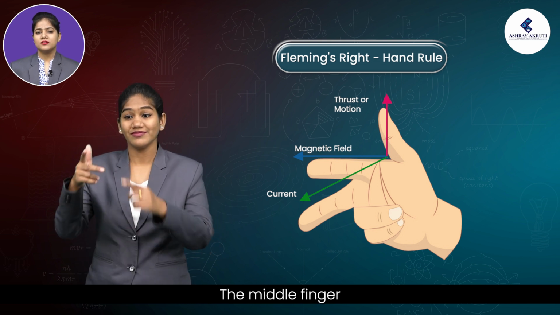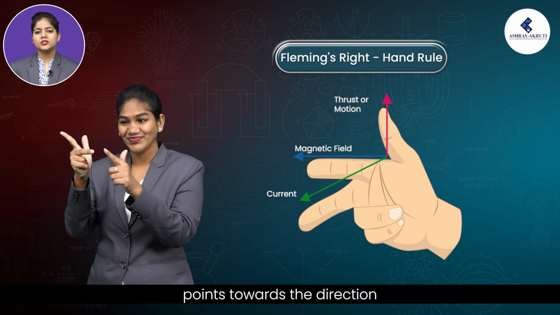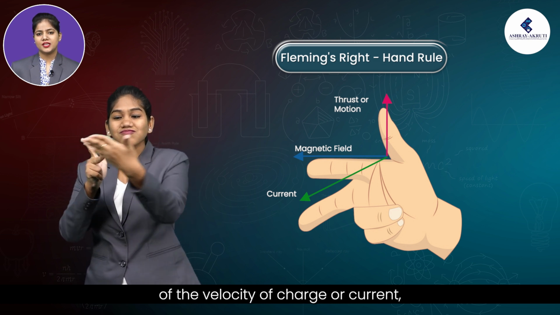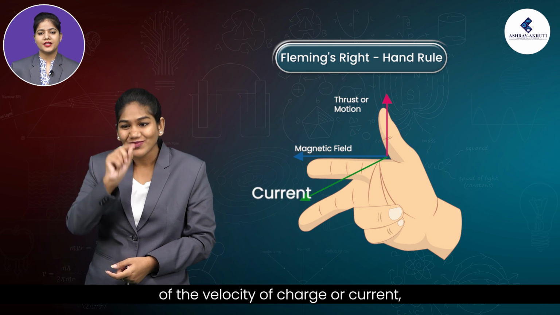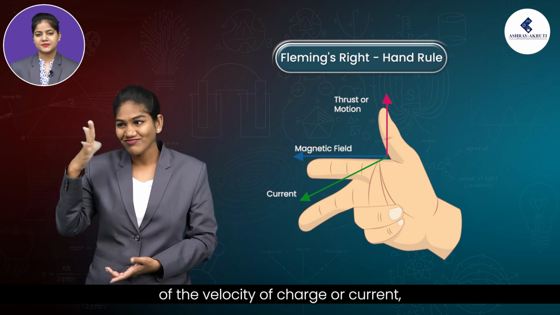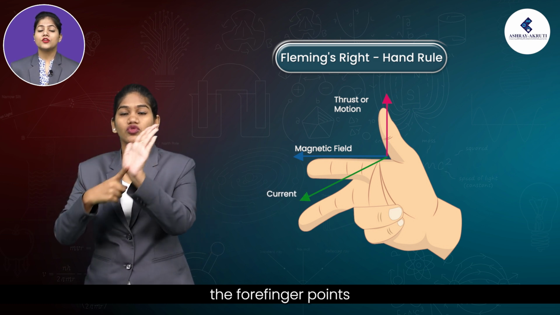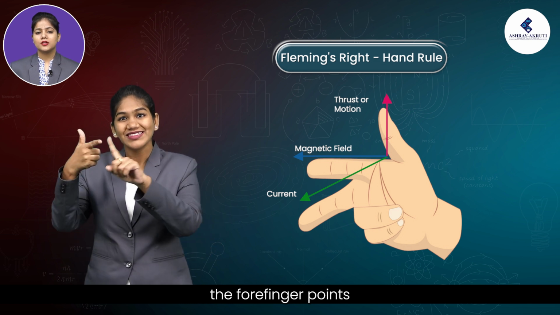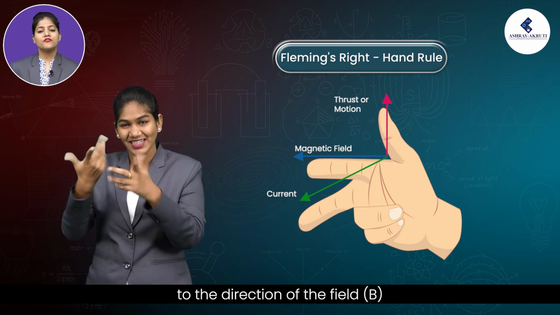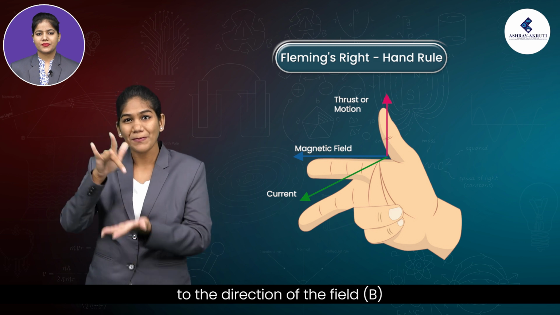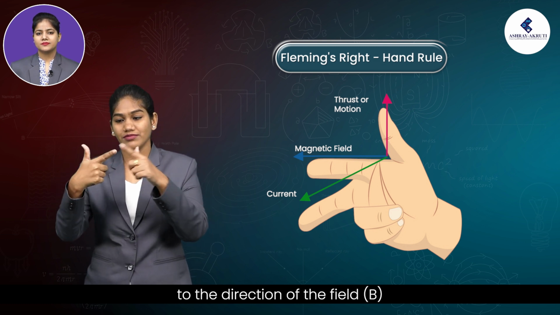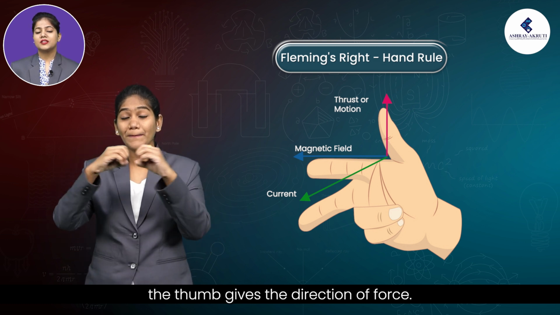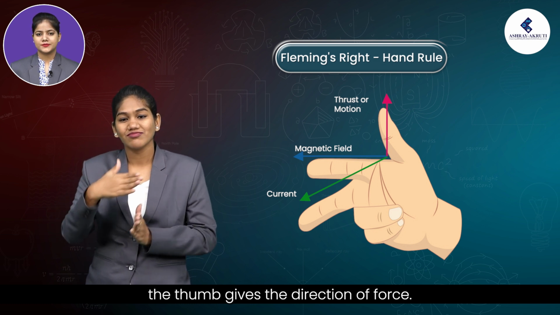The middle finger points towards the direction of the velocity of charge or current. The forefinger points to the direction of the field B. The thumb gives the direction of force.